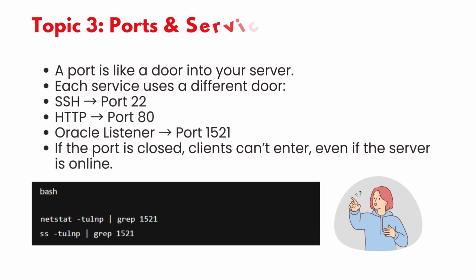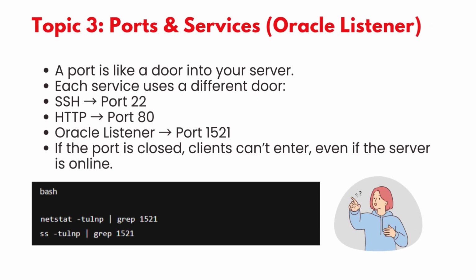Topic 3. Ports and services, Oracle Listener. Now let's talk about one of the most important parts of Oracle networking, ports and services. Every service on Linux communicates through a port number. A port is like a door in the operating system that allows external connections to come in or go out. For example, HTTP, web server, runs on port 80.